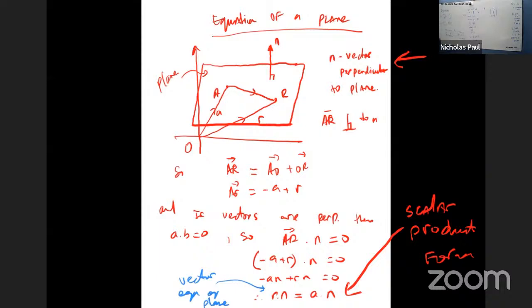So that's the vector equation of the plane.